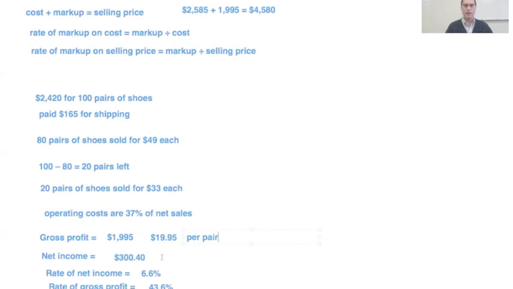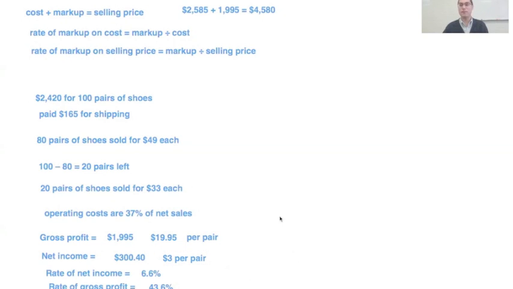There we go. And net income here is going to be, looks like $3.04. So that, rounded to the nearest cent, that's $3 per pair of shoes net income.